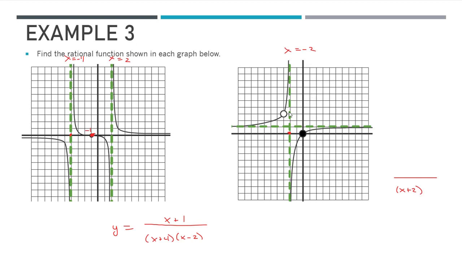Now there is actually another one because I have a point of discontinuity here, which means something canceled. And this canceled when x was -3, which means in my denominator at some point I had an x plus 3 there. But if it was able to cancel, that means it also was in the numerator as well. Okay, so that solves that problem.